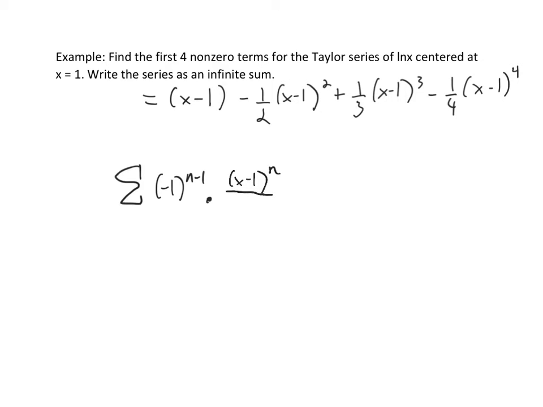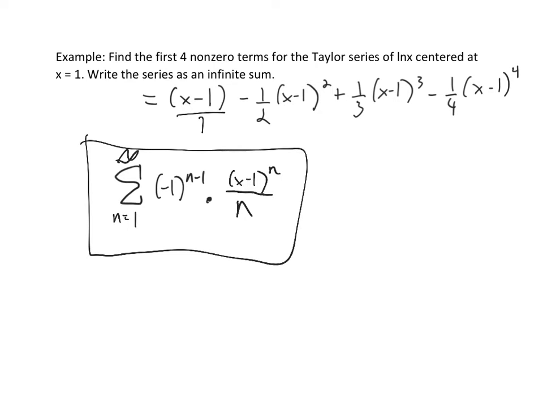And on the bottom, I'm dividing the first term by 1, the second term by 2, 3, 4. I'm dividing by n. And what should n start at? We want the first term to be positive, so I'm going to start n equals 1 to infinity, because 1 minus 1, if I plug that in, would be 0, and anything to the 0 power is 1. So what we've done is we've developed a summation notation that represents that series. And in fact, this series is the exact same thing as natural log x.